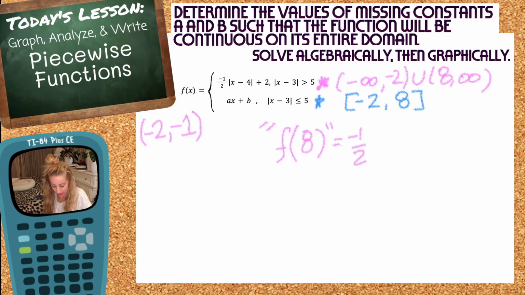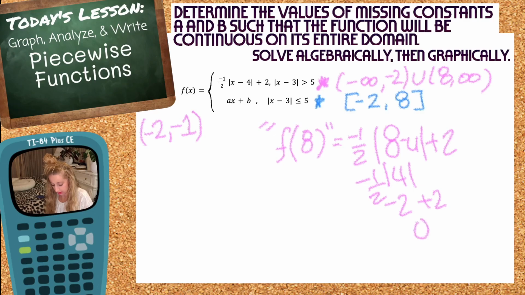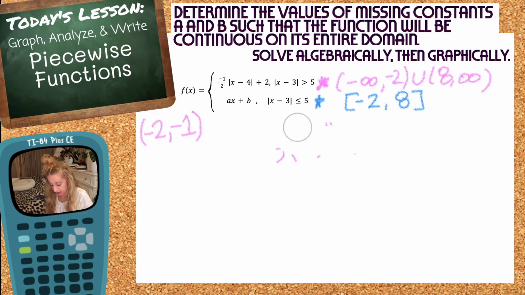So I have -1/2 absolute value of 8 minus 4, plus 2. 8 minus 4 is 4, the absolute value of 4 is 4, -1/2 of 4 is -2, and -2 plus 2 is 0. So the point is 8, comma, 0, where that second portion of the graph is going to carry on from.